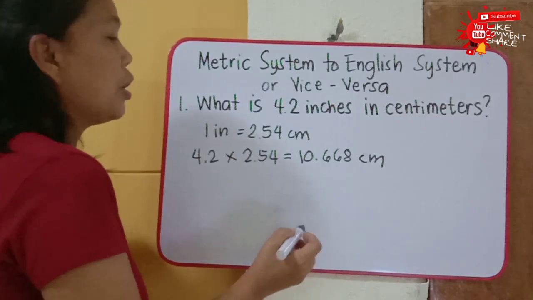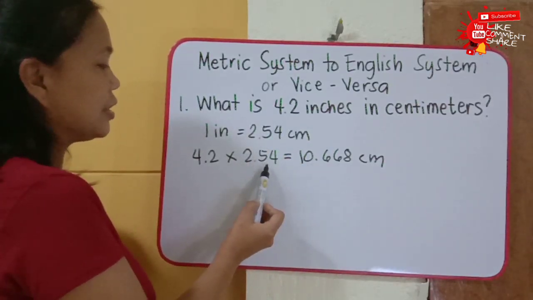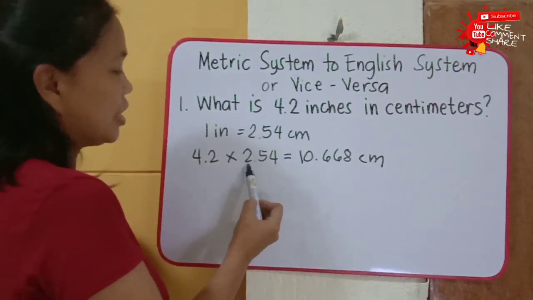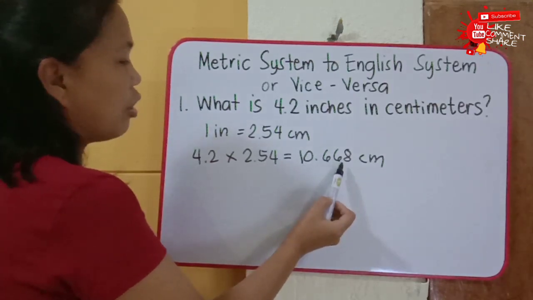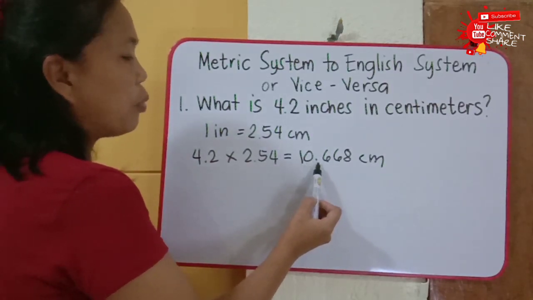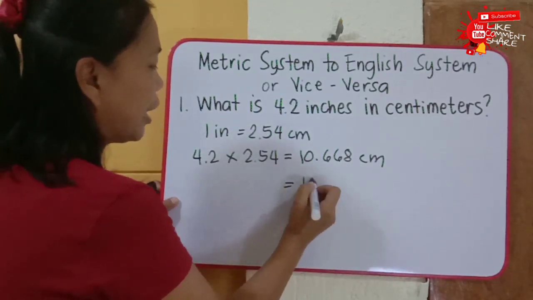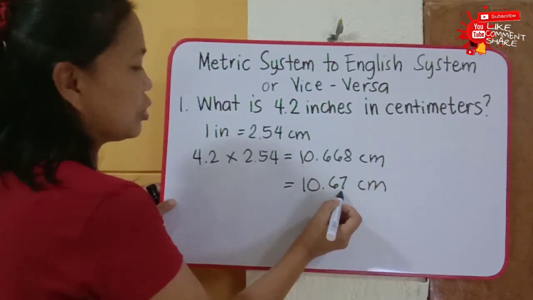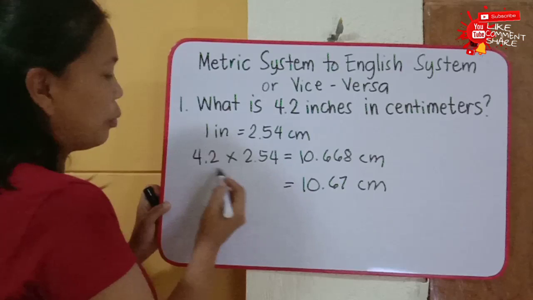Since the factor with the most decimal places is 2.54, which has 2, we round off 10.668 centimeters to 10.67 centimeters, because we have 2 decimal places for our factors.